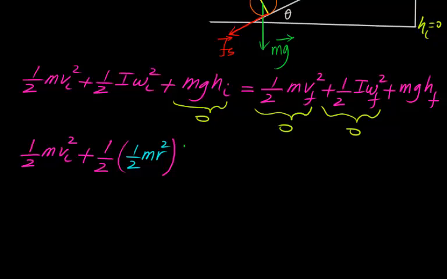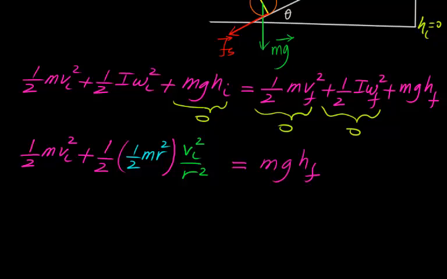Omega equals v initial over r. Therefore, when you square it, it becomes v initial squared over r squared. That is going to equal mgh final.